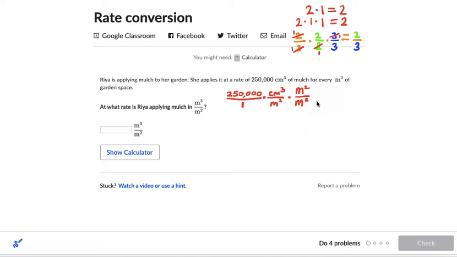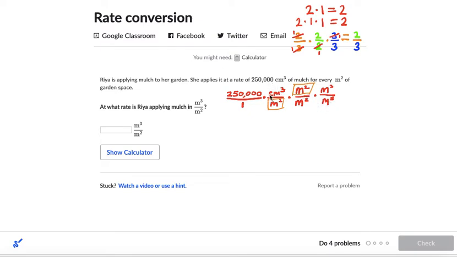That's really nice. And the next thing we're going to look at is meters cubed. So we're going to go with meters cubed over meters cubed. Now, if you're really observant, you might notice that this meter squared right here is going to cross cancel with that meter squared up here. But we don't have a centimeters cubed down below to cross cancel with this one. So we need to do a bit of conversion, don't we?